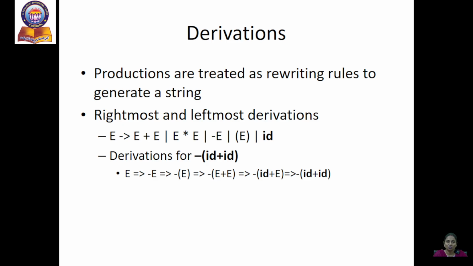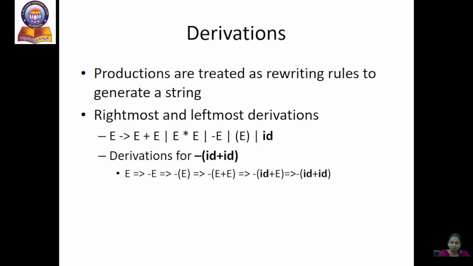Leftmost derivation is replacing a non-terminal with its production from left towards right, and vice versa, rightmost derivation follows substitution of a production in the place of the non-terminal, starting from right moving towards the left. So here we have one grammar.